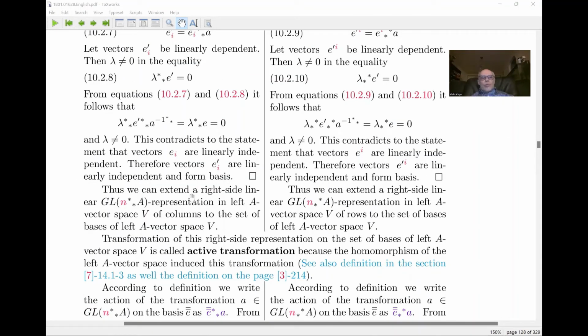Based on this theorem, we can extend a right-side linear representation of group GL(CR, A) in left vector space V of columns to the set of bases of left vector space V. Transformation of this right-side representation on the set of bases of left vector space V is called active transformation, because the homomorphism of the left vector space induced this transformation.